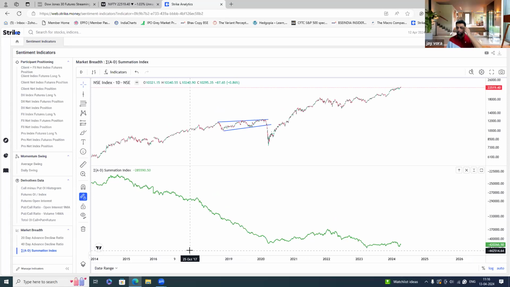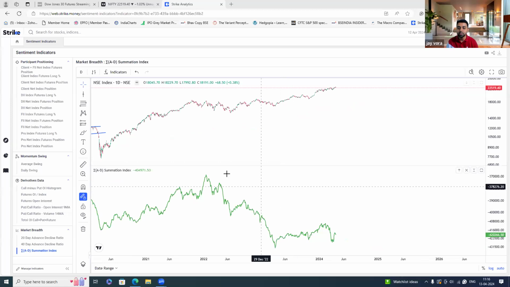Say the previous day's value was 1000, so it becomes 900. Basically, when the market is rising higher and this line is going down, that tells you of a narrowing of breadth. You can see this over here as well. Sometimes this becomes very helpful in spotting divergence. You could see the market was rising over here, but the line was going down.